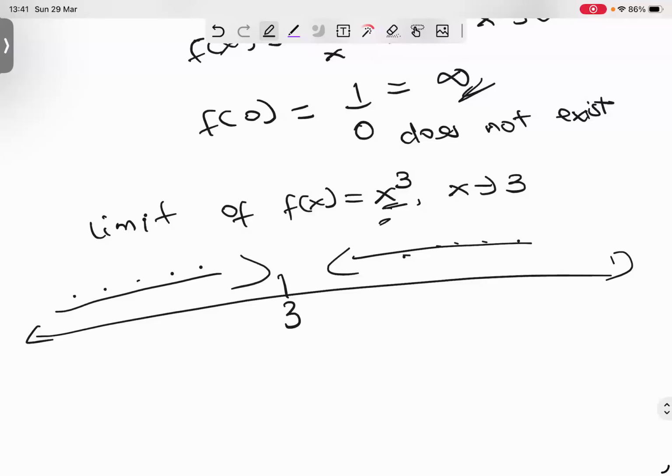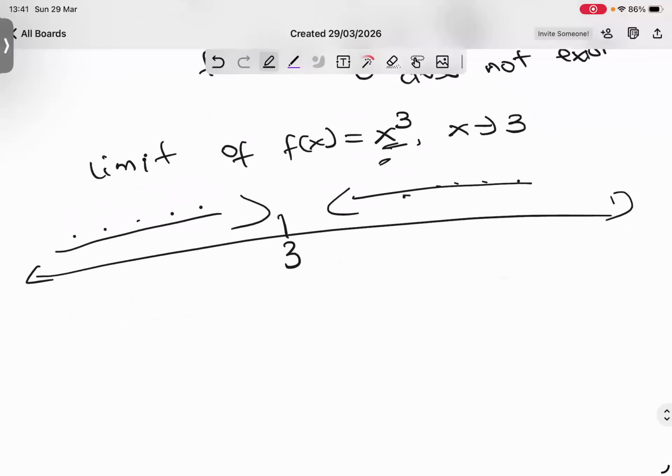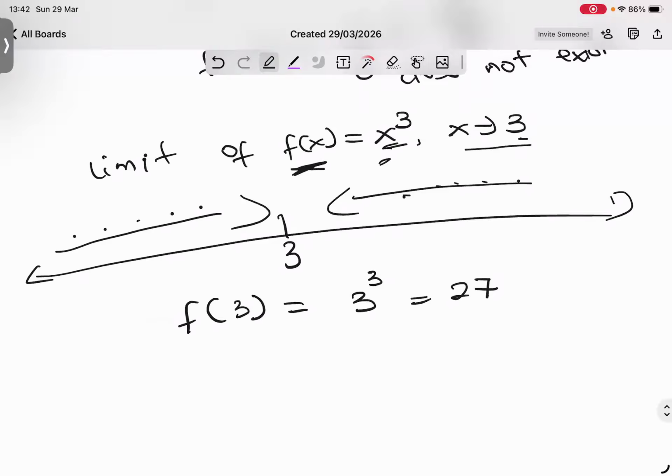We could also do direct substitution and find the functional value of f of x at x equal to 3. So we have f of 3, which is equal to 3 raised to the power 3, and that is equal to 27. So the limit of f of x as x approaches 3 is 27.